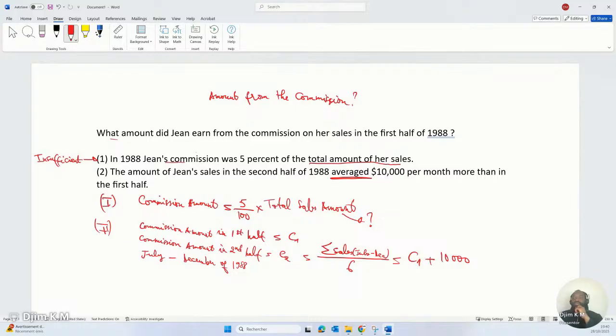I don't think it's sufficient. It's not sufficient.